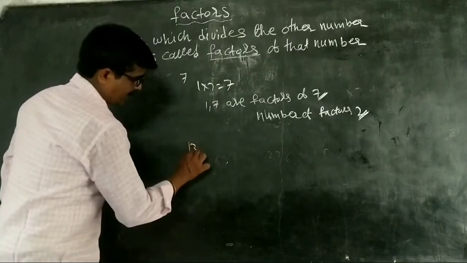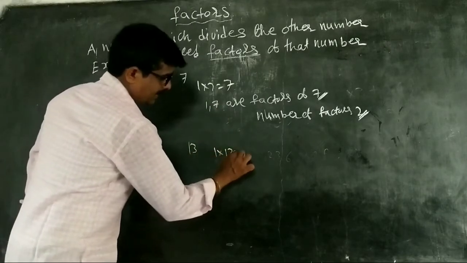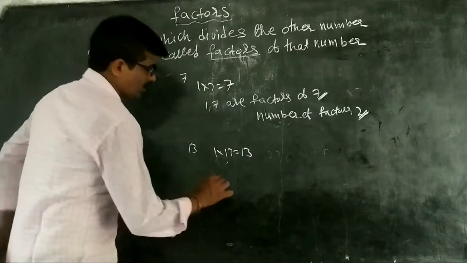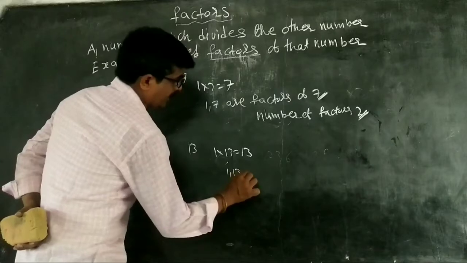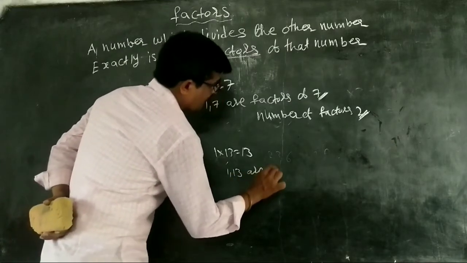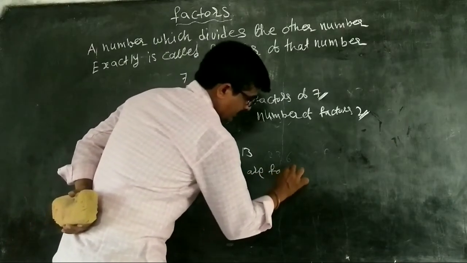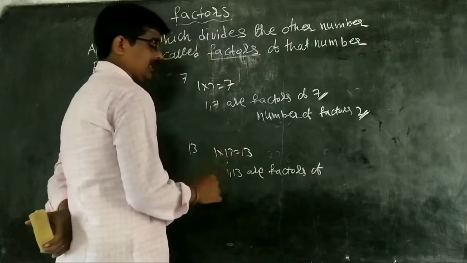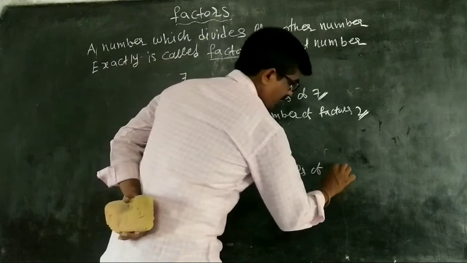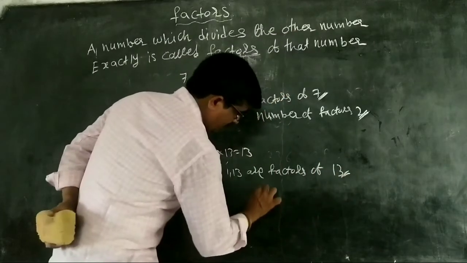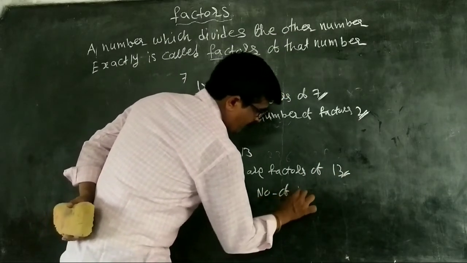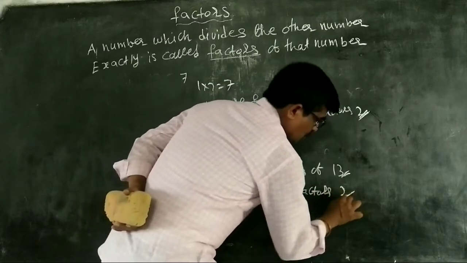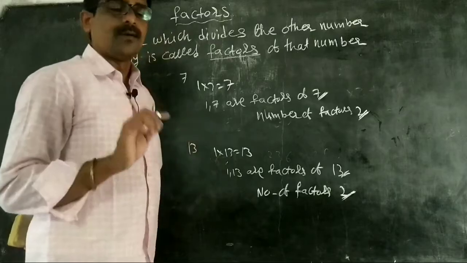Here 13 also: 1 times 13 is 13. So 1 and 13 are factors of 13. Here also the number of factors is only 2.